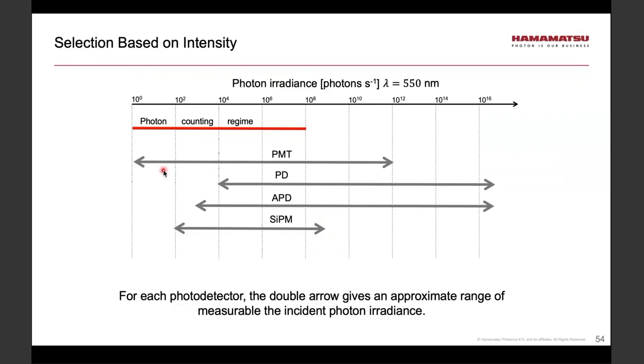However, if the incident irradiance increases, then silicon photomultiplier now becomes a possible choice as well. Increasing irradiance even more, then APD becomes a third possible choice. In this region, for these irradiances, I would have a choice perhaps between SiPM, APD, and PMT.